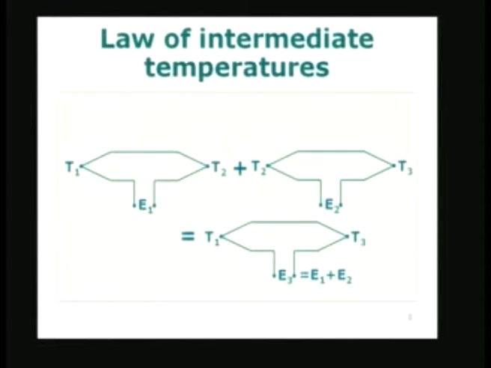You look up a table of thermocouple, whatever material you are having for the thermocouple, put T2 equal to the room temperature, T3 equal to ice point, this directly comes from the table. You are going to measure this E1 in your experiment, then you add this E1 plus E2 and you will get the value E3, and this E3 will now be the correct value of the electromotive force. Go back to the table, find out what is the temperature corresponding to E3, that is the correct temperature of the junction T1. So, the law of intermediate temperatures is an important relationship which helps us in actually performing thermometry.